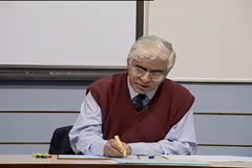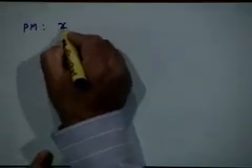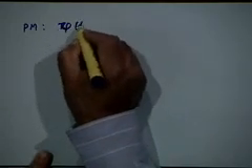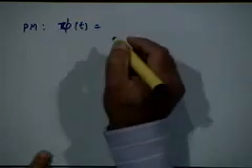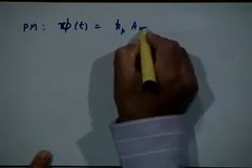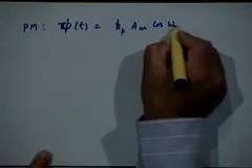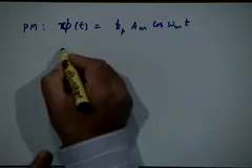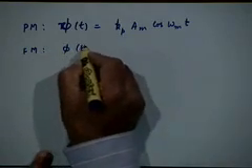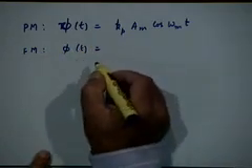So let us take m(t) equal to A_m cosine omega_m t, and for the phase modulated signal, the instantaneous phase will be given by k_p times A_m cosine omega_m t, and for FM this will become, what will be the value of the instantaneous phase in the case of FM?